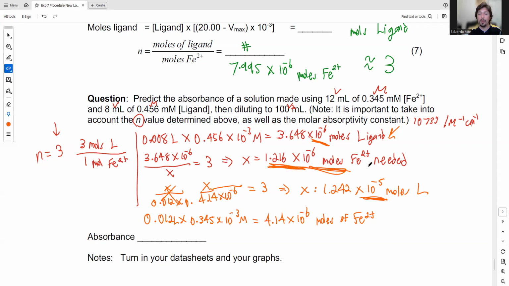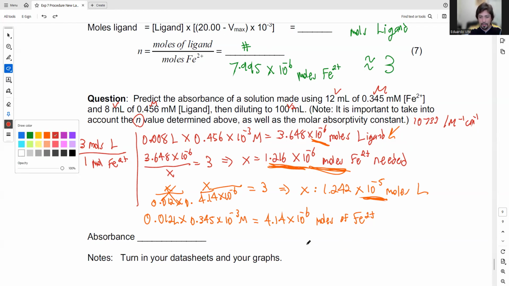So now we have the moles of Fe2+, and then we also have our V2. So we have 1.24. Oops, not that number. There's the other number. Sorry about that again. I need to switch the pen back to red.